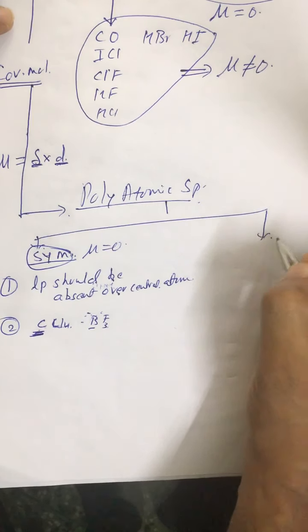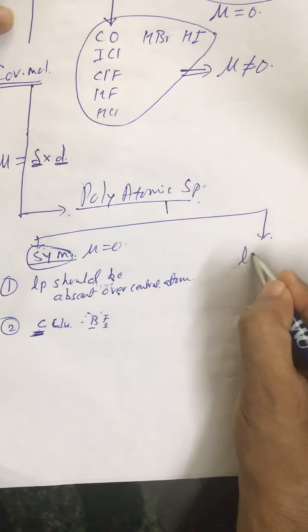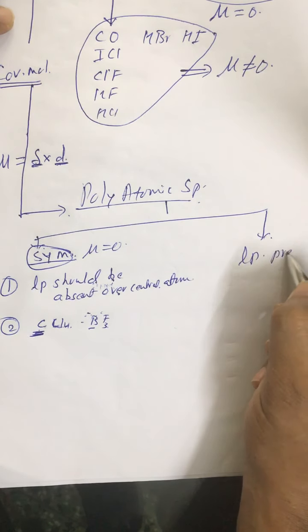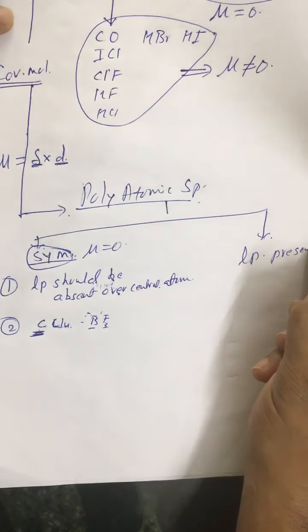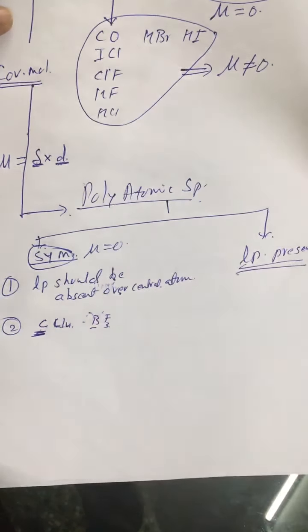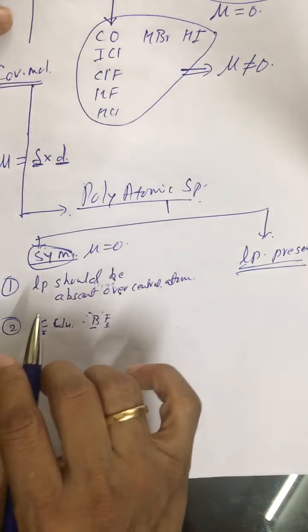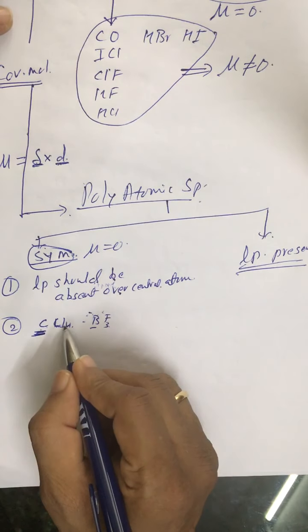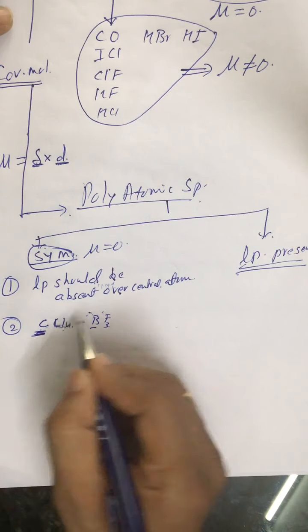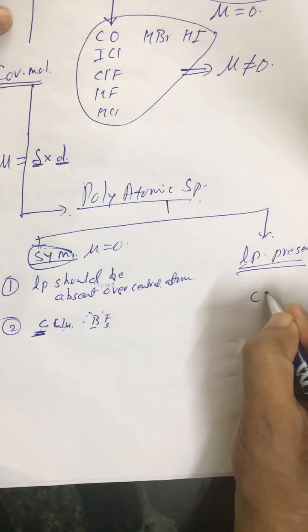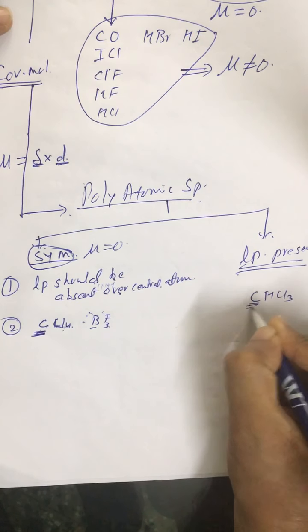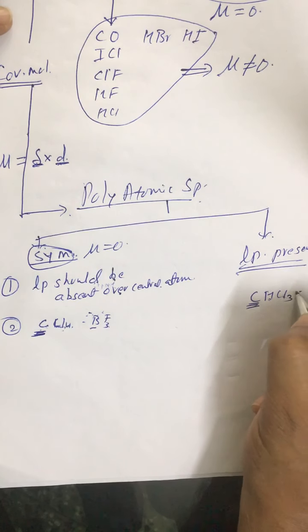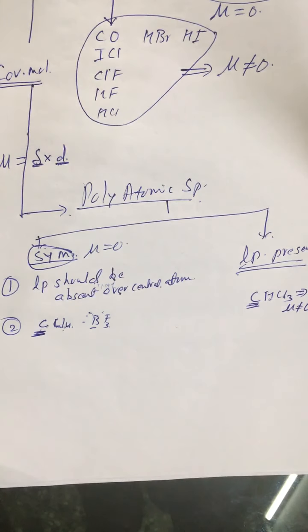And if it is unsymmetrical, meaning LPs are present, then the molecule is unsymmetrical. Or if LP is not there, but the central atom is not bonded to similar atoms, like CHCl3, where carbon is not bonded to similar atoms, the dipole moment is positive. So it is very simple.